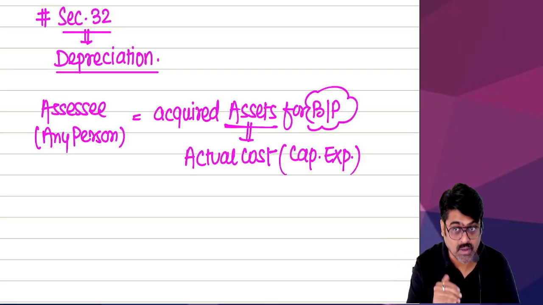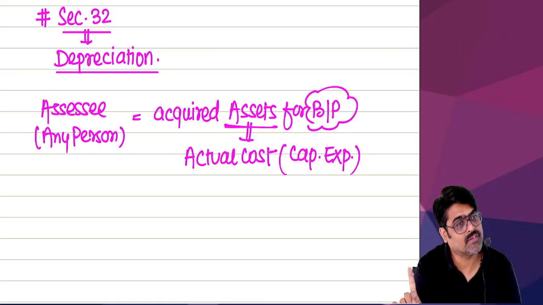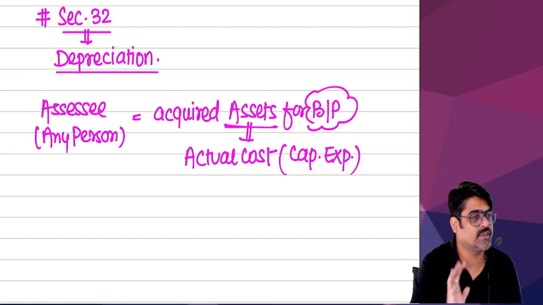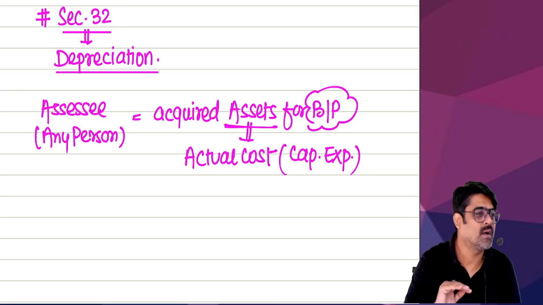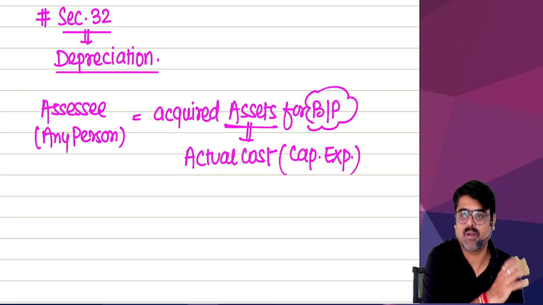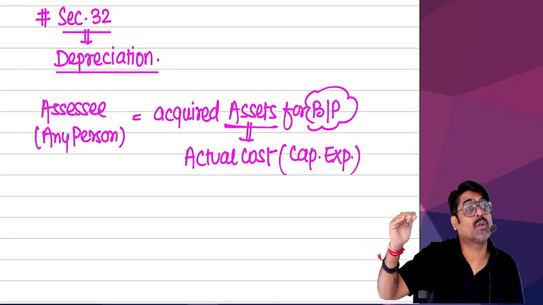So we are not going to allow this expense fully at once. Claim this expense in small parts in the form of depreciation. Understanding or not? And the claiming of this expenditure in small parts over a number of years is more logical. Why? Because this expenditure is incurred on the asset.